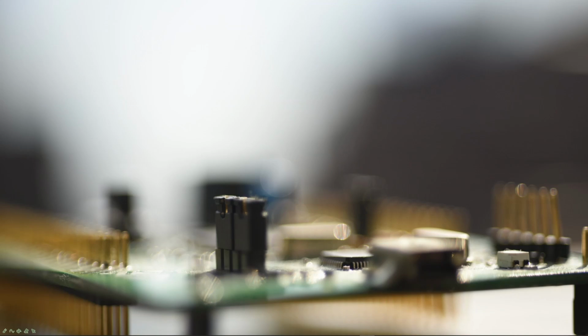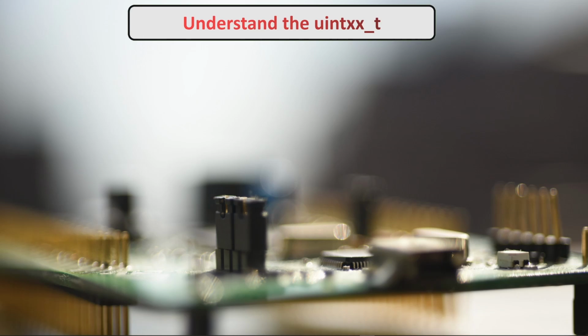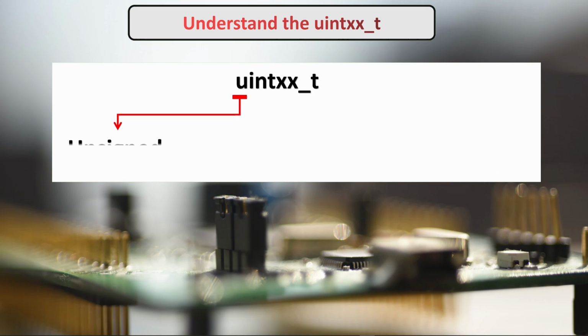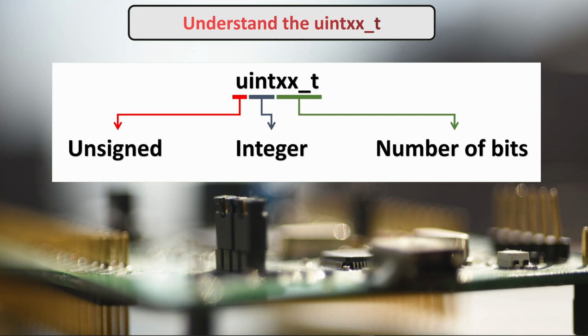Okay, so now let's go to another type. Now that we understand the size of the char data type, let's understand this always-present uint_t xx and int_t. We have this kind of picture. The u means unsigned. The int just describes that it's an integer, and the xx that you see is the number of bits.